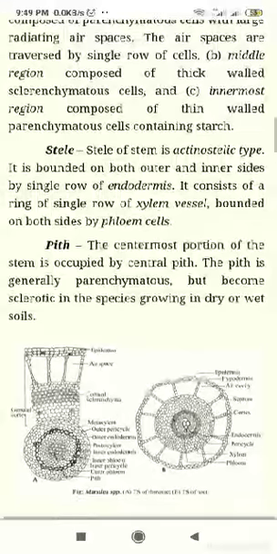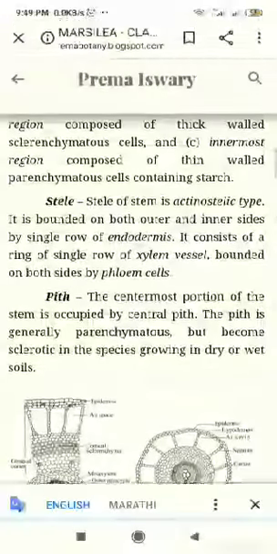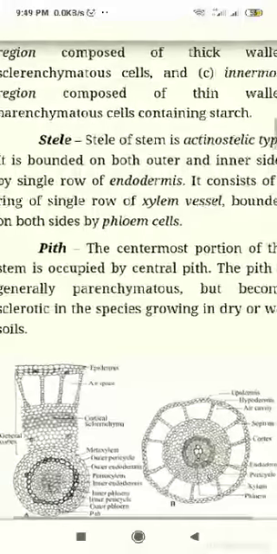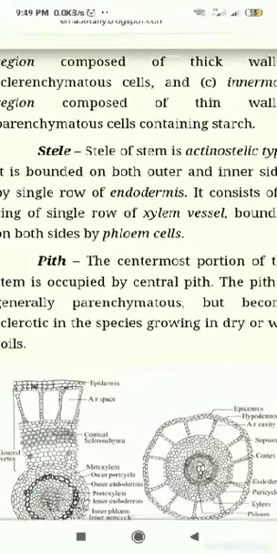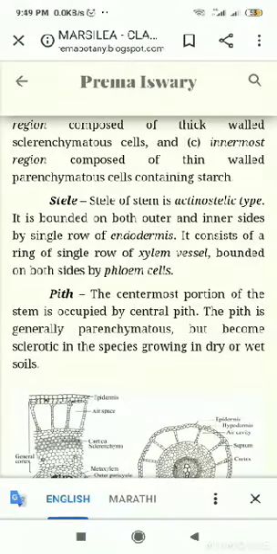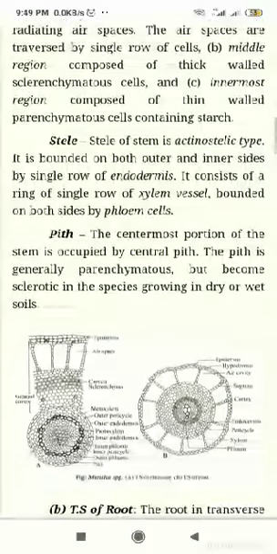Then below the cortex there is the stele. The stele of the stem is actinostelic in type. It is bounded on both outer and inner sides by a single row of endodermis.